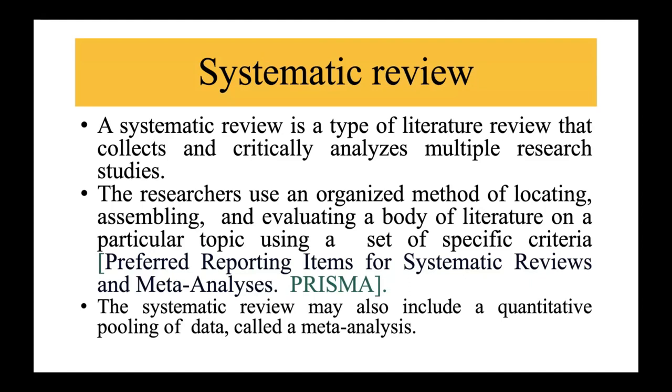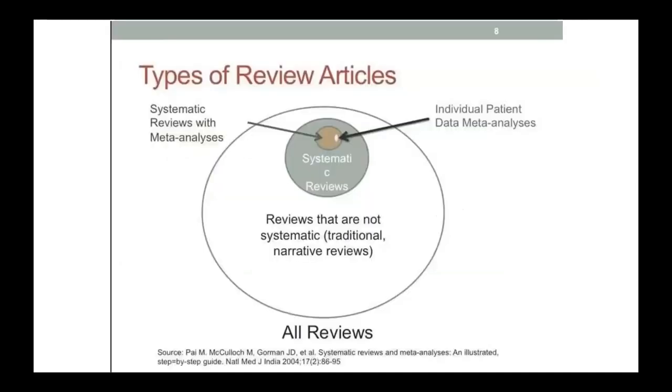If you simply review it, then it's called a systematic review. But if you quantify it from the pooling of the already done primary research, then it is called the meta-analysis. So this is the example of a type of review, the systematic review.